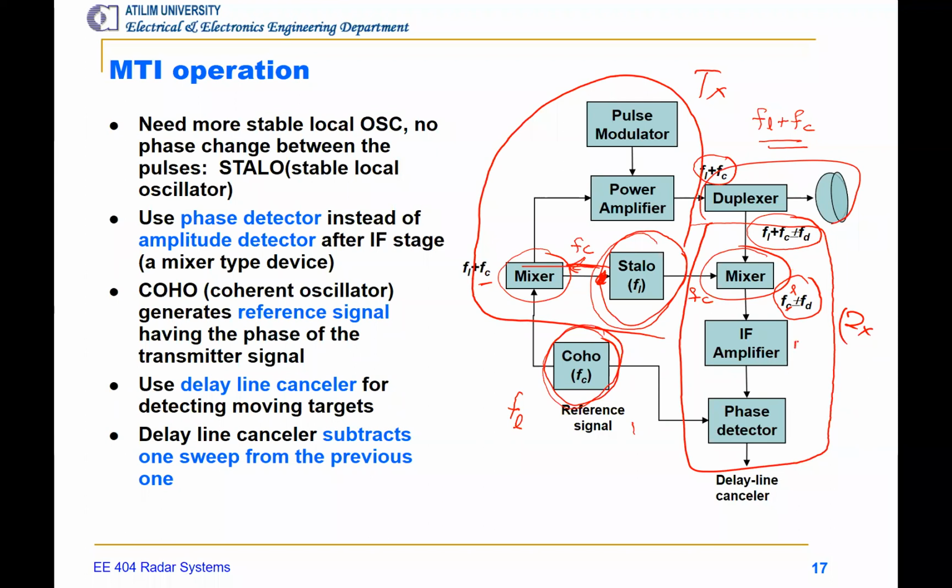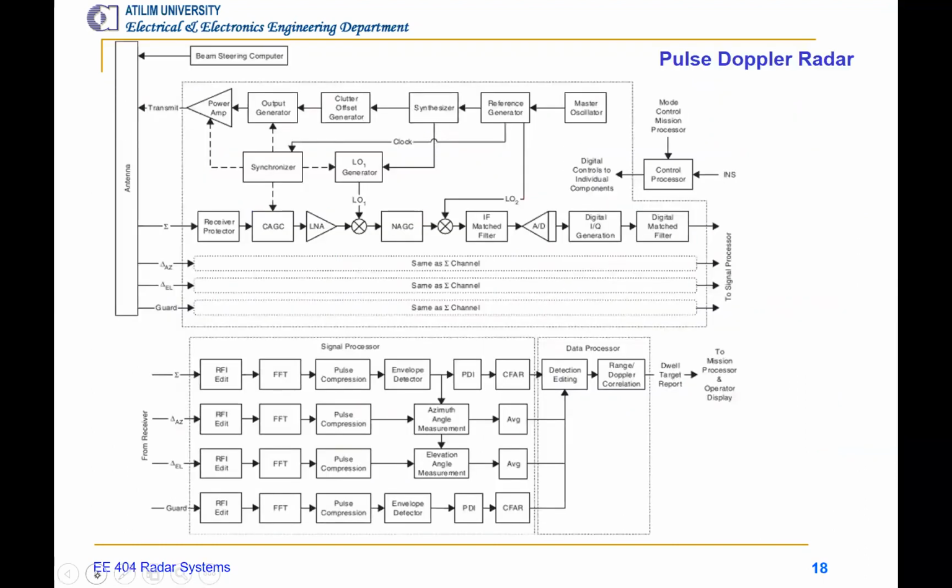Here we typically have a matched filter actually. And then we use a phase detector to extract the phase information, and then use a delay line canceller. So before the delay line canceller, we simply extract the phase variation. This is going to be the input to the, remember the previous slide, where we have a delay line canceller and then the rest of the processing.